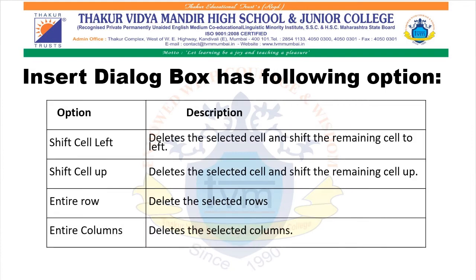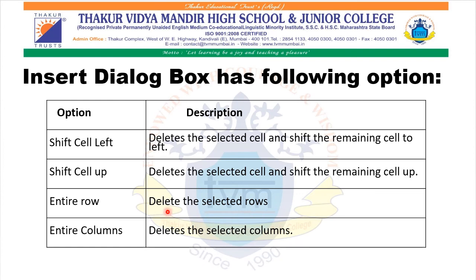Shift cells left means this will delete the selected cells and shift the remaining cells towards the left direction. Second option is shift cells up. Shift cells up will delete the selected cell, and the remaining cells below the deleted cell will be shifted upwards.